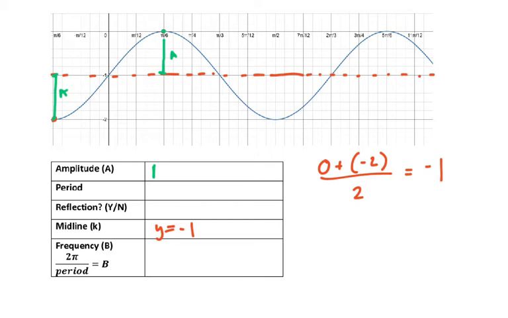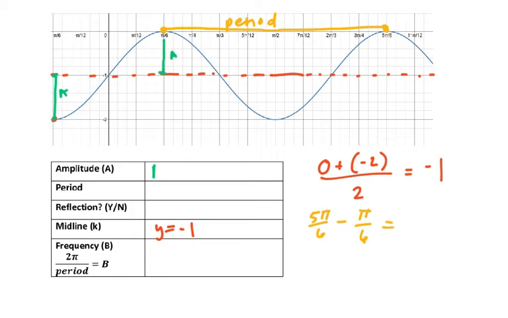Next, we are looking at the period, which is the length of one full cycle of our function here. So this line in yellow from one maximum to the next maximum is going to be the period. And so we can figure out the length of this line by taking our second point, 5 pi over 6, and subtracting our first point, which is pi over 6.